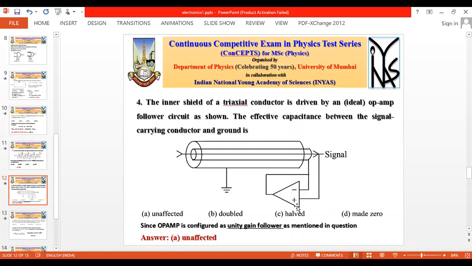If you have a different configuration of the op-amp, it may change the signal flowing through the conductor, and therefore you will get some different answer. Instead of unaffected, doubled, or half, the question will totally change to something different, not related with the capacitance or the effective capacitance.